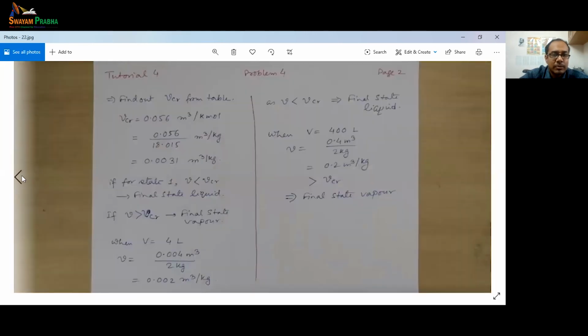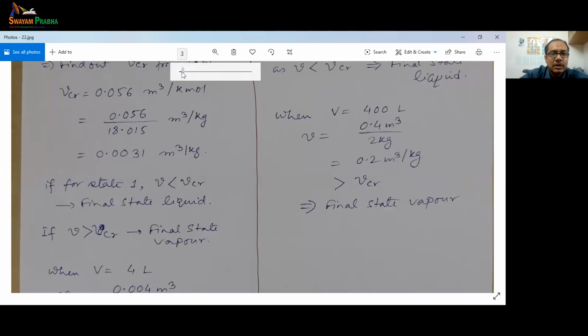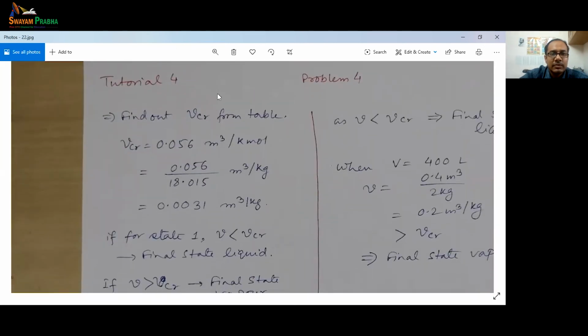So we may have to convert it to meter cube per kg. Let's go back to the problem. The first task was to find the VCR from the table, the critical point specific volume. We have done that, that is 0.056 meter cube per kilomole. But now we have to get it in meter cube per kg, because only then can we compare whether it's left or right.